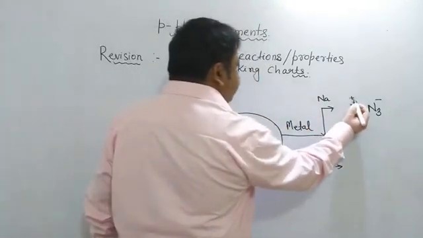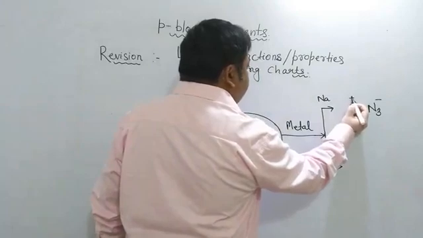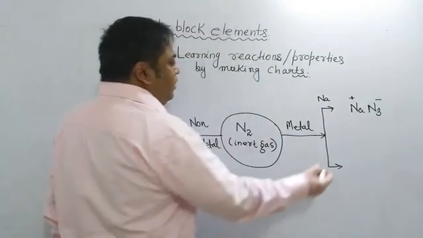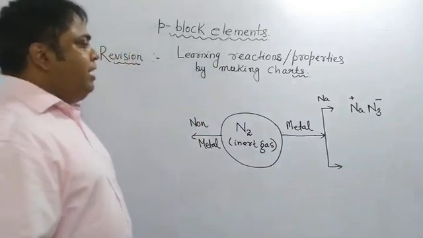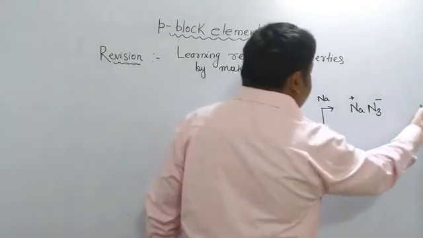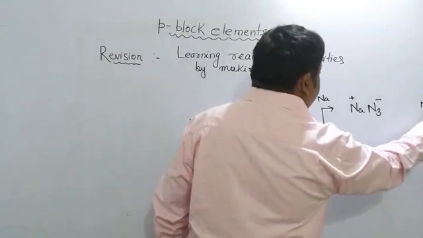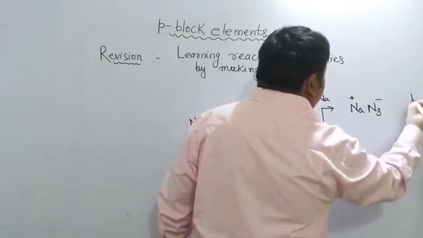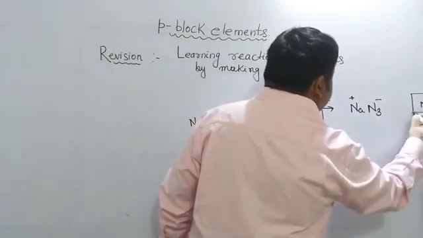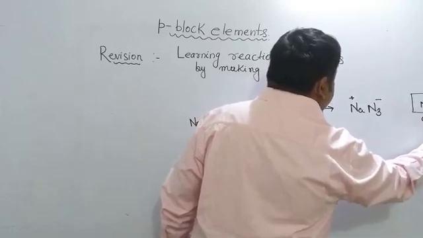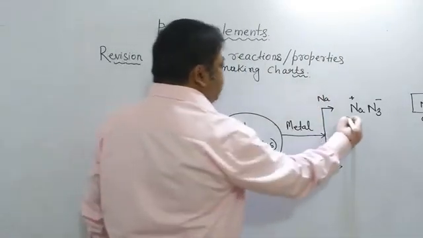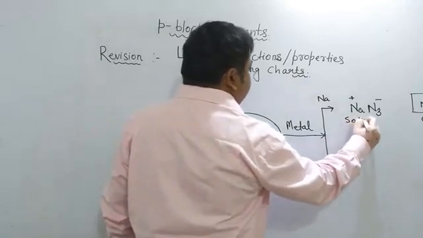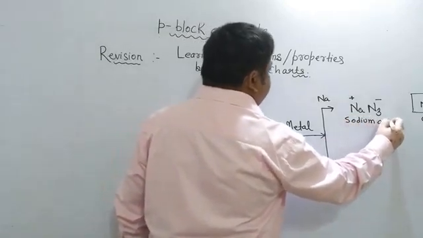Na cannot extend its valency more than +1, so it prefers to form a bond with that species of nitrogen which has one negative charge. So it is the N3 ion, which is also called the azide ion. It is just like a halide. Just like sodium chloride, it forms sodium azide.